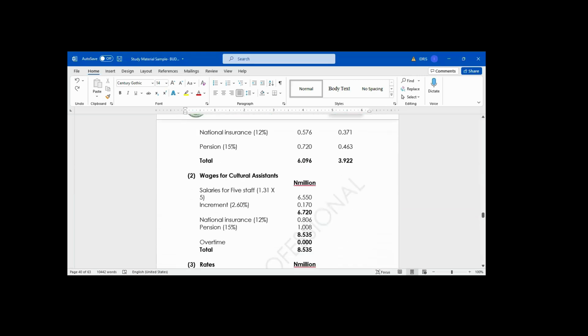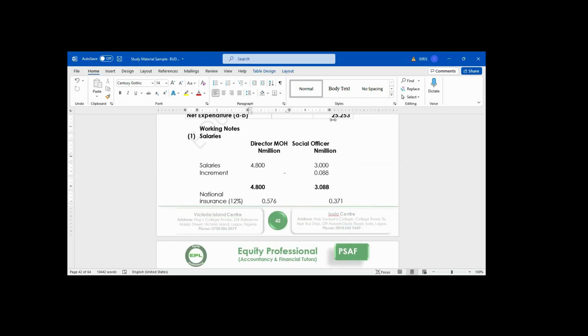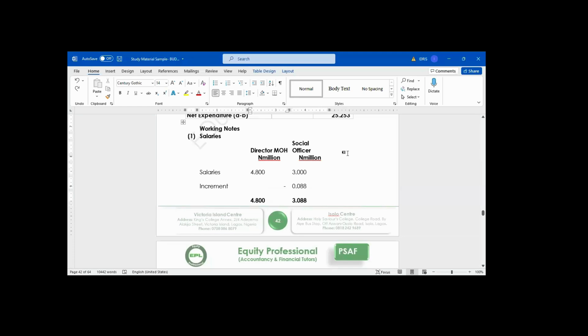So go back to the solution. The salary for last year is 4.8 for director and 3.0 for social officer.